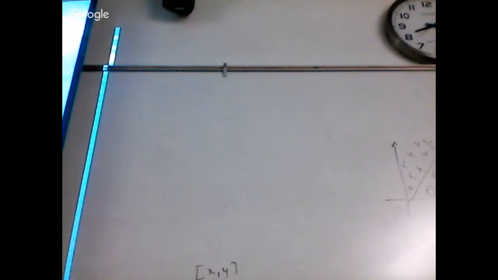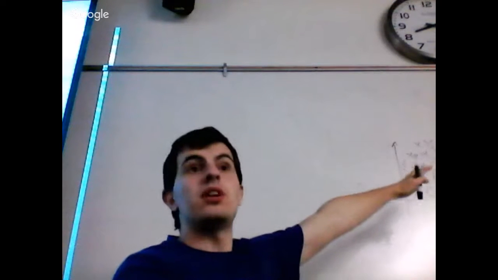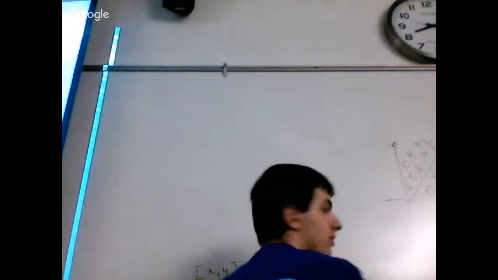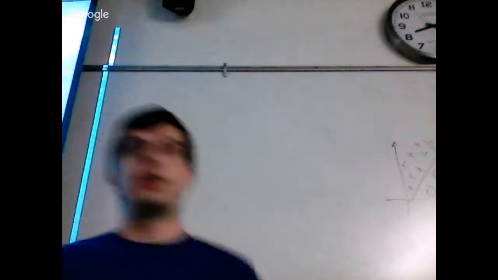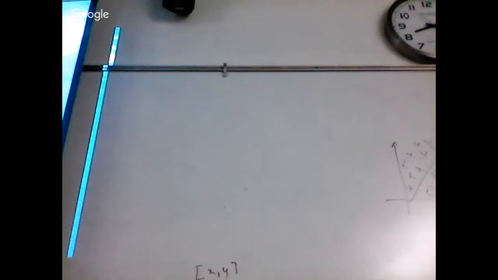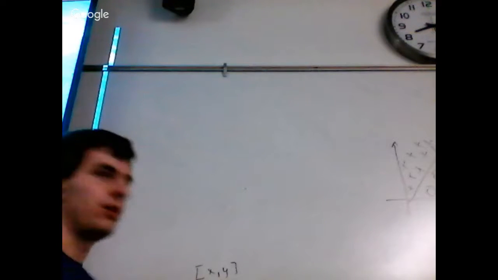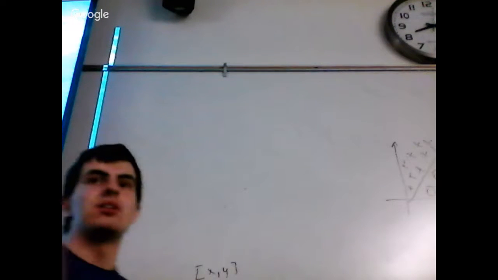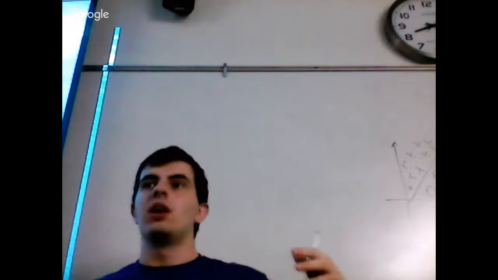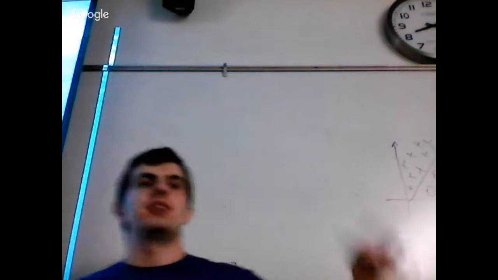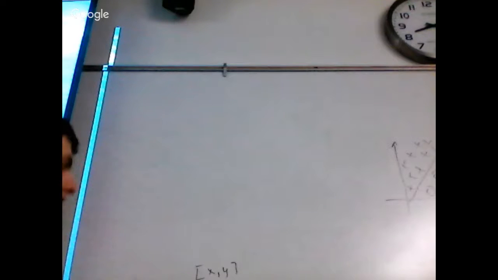The output is going to be whether this given XY point is above or below the line. So let's say it's going to return 0 if it's above the line, and it's going to return 1 if it's below the line, or vice versa. It doesn't matter really. Eventually you're going to pick your own numbers for that. But we want it to be a number between 0 and 1, so that it's normalized, and we can compare it to other outputs if we decide to make our neural net more complicated.